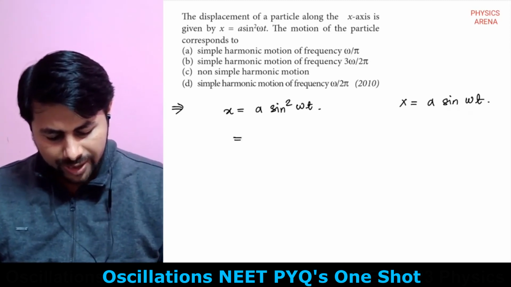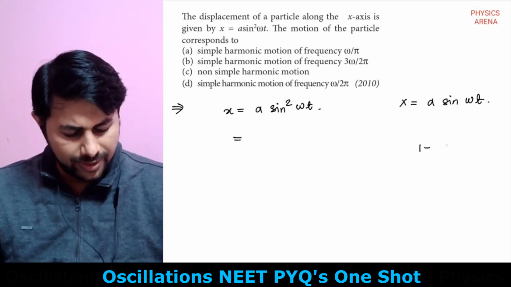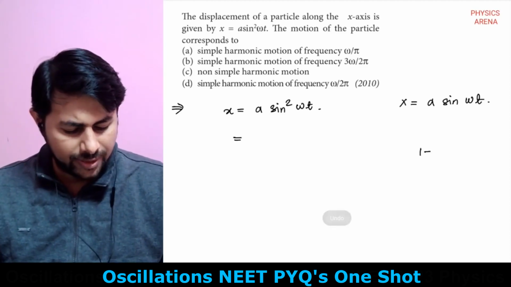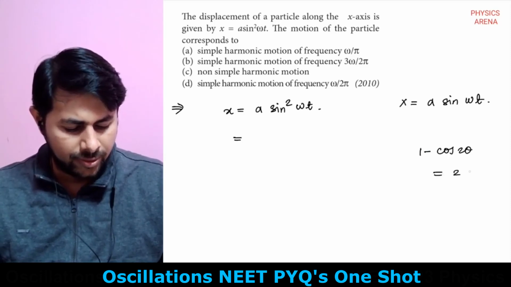So sine square omega t can be written using the half angle formula, 1 minus cos 2 theta equals 2 sine square theta.